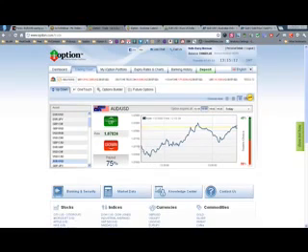Now, what we're looking at in front of us is the chart for what you have to remember about trading binary options. Binary options, you're trading a very small segment at a time. Even if you've done all of your charting and all of your analysis ahead of time, you can't tell precisely what's going to happen in a 15-minute period.